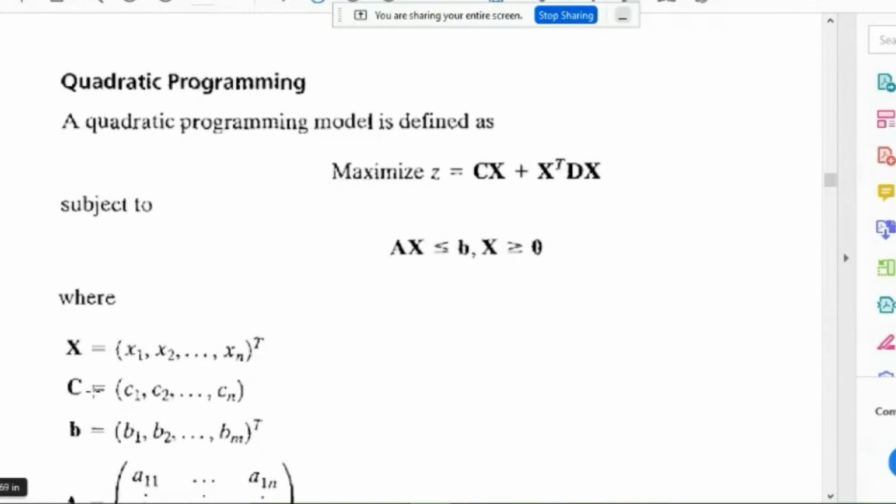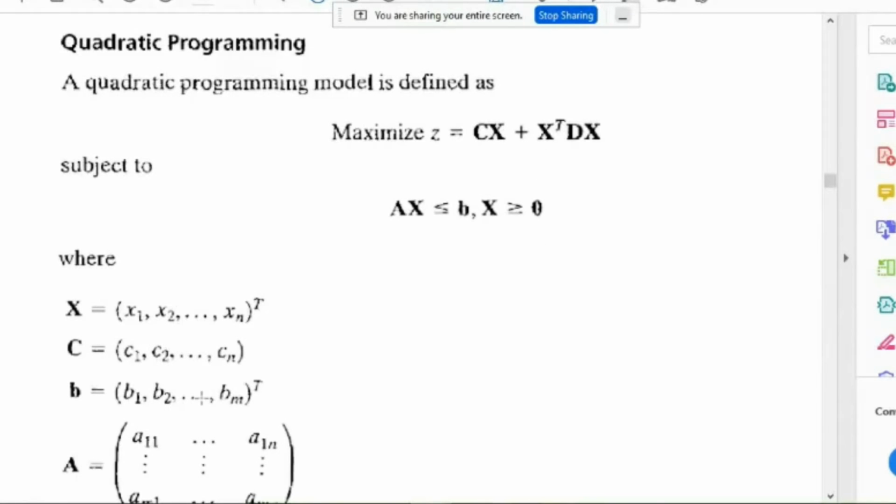C is a vector representing the coefficients of the variables in the objective function. Then b is a vector representing the right hand side constants of the linear inequality constraints. Here there is only one constraint, that is b1.